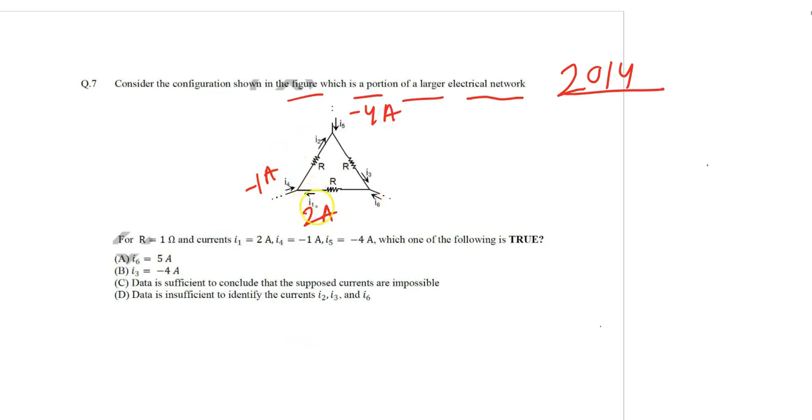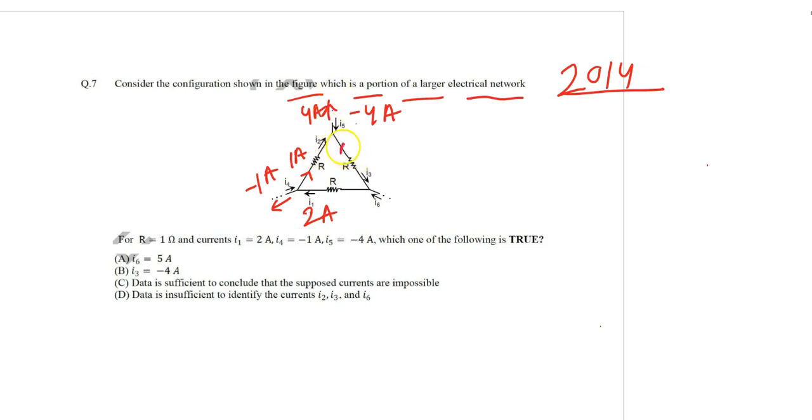First you check, this is 2 ampere. Here it is coming minus 1 ampere. That means current is going in this direction, 1 ampere. So how much current is left? 1 ampere. How much current is going through this side? 4 ampere.